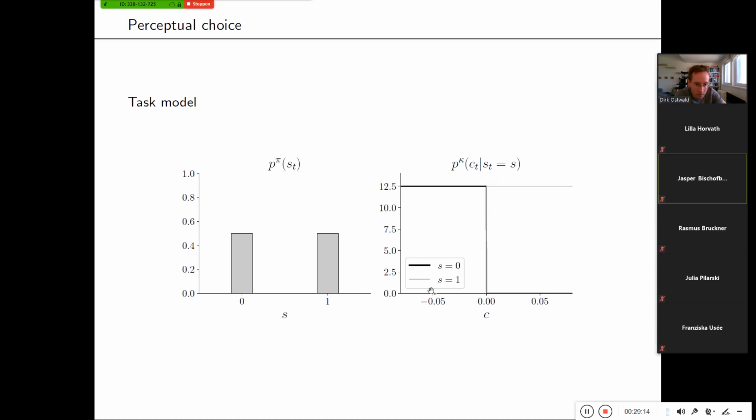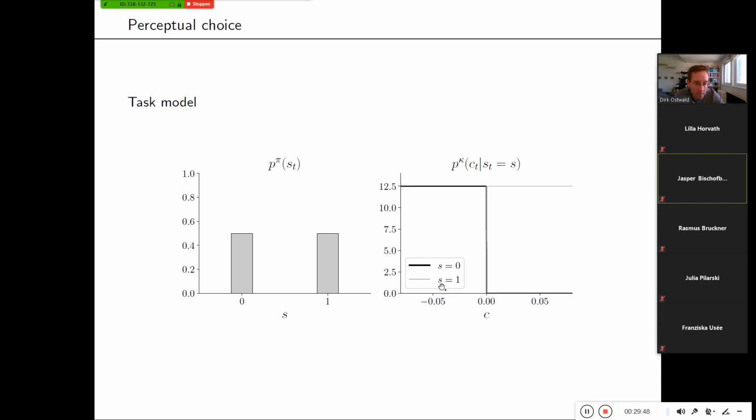So there are 2 lines here, one for the state being 0. Conditional on the state being 0, there's a uniform distribution over the values from minus 0.08 for this contrast difference, and the uniform distribution here has a probability mass that is non-zero, and then it's 0 for the positive contrast differences, because for 0 the higher contrast is on the left.